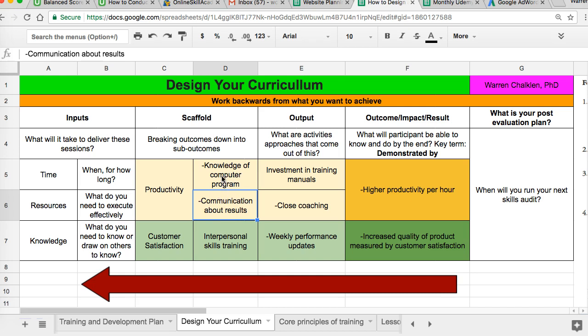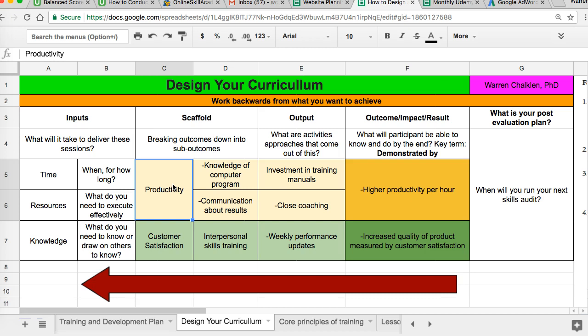So, when we're thinking about scaffolding, our first step is to think about the basic building blocks of what the person needs to know to operate the computer program. And secondly, what are the key building blocks they need to know to communicate effectively. And once we teach them these two skills in a logical and systematic way, we then will have productivity.